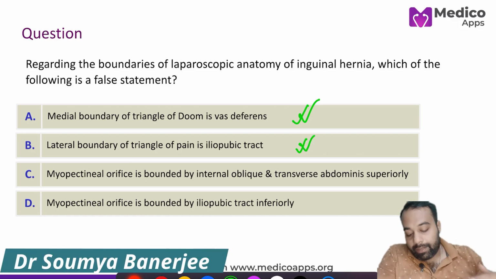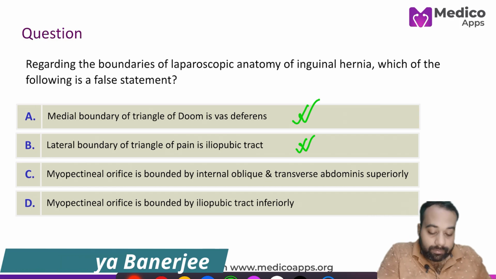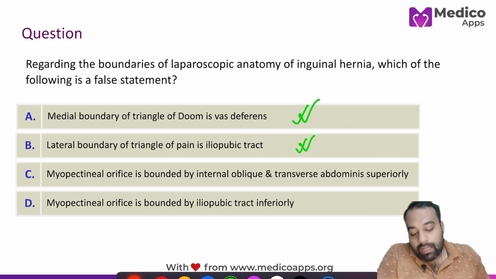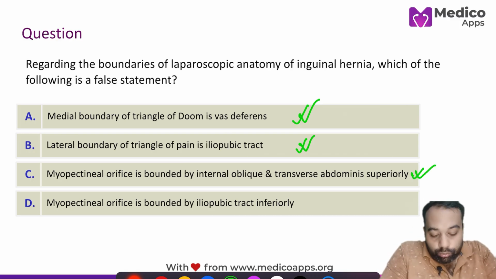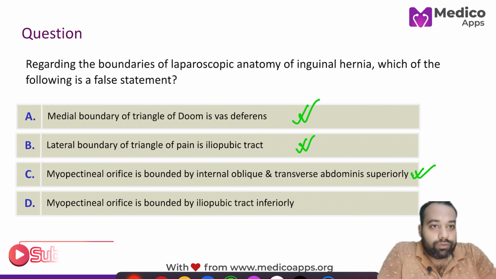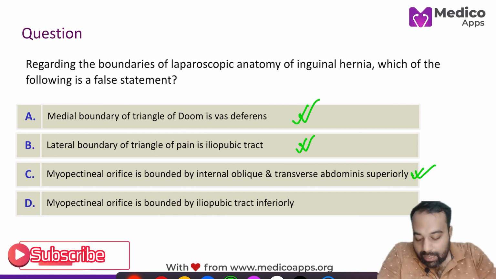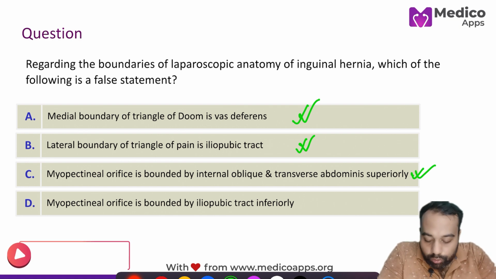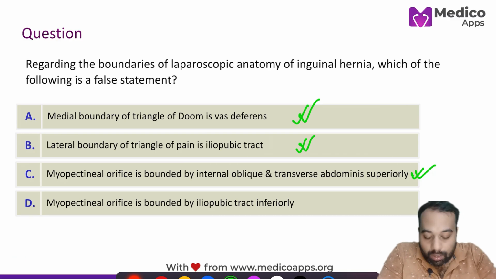Option C, the myopectineal orifice is basically bounded by the internal oblique and transverse abdominis superiorly. Yes, the arching fibers of these two muscles form the superior boundary. Then comes option D, the myopectineal orifice is bounded inferiorly by the iliopubic tract.